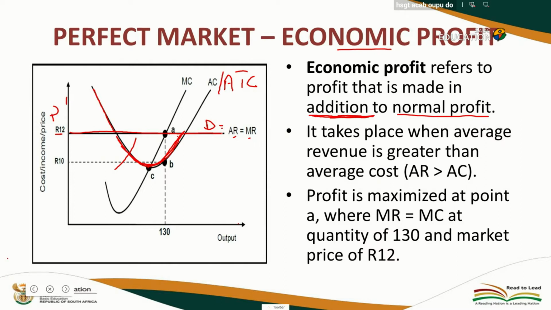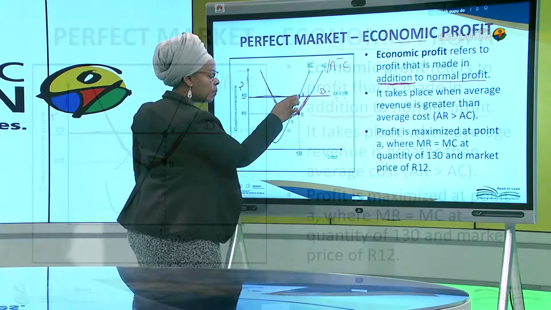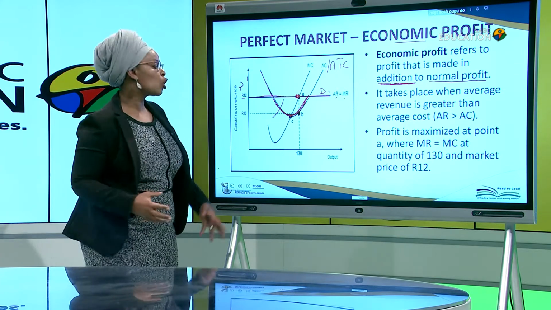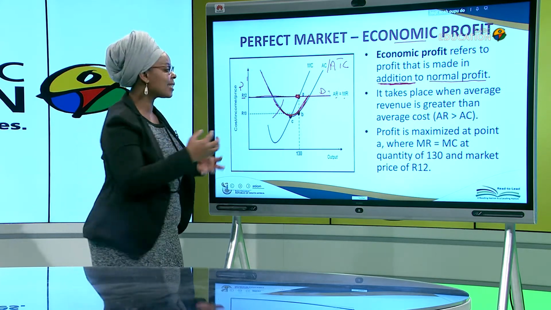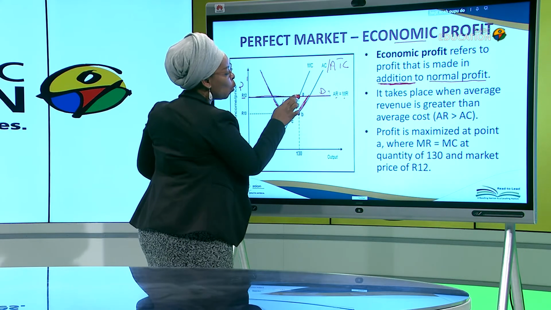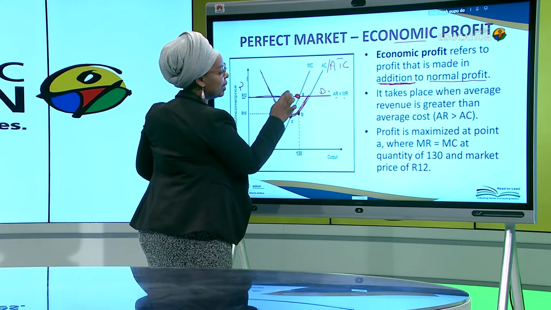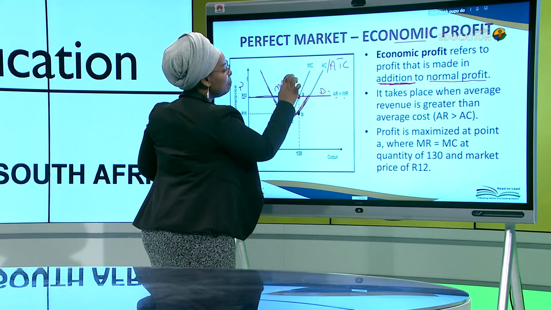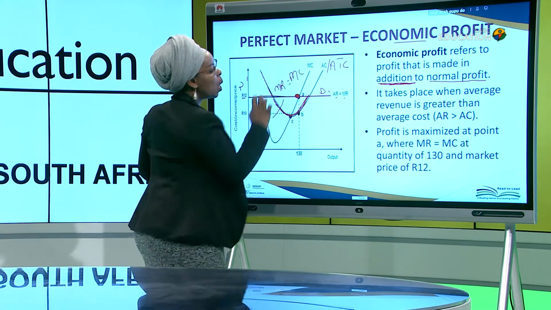Then you will draw your MC curve, which will rise upward. At this point, it should intersect with MR. So you should determine where it intersects with the MR. So where MR and MC intersect, this is the profit maximizing point.